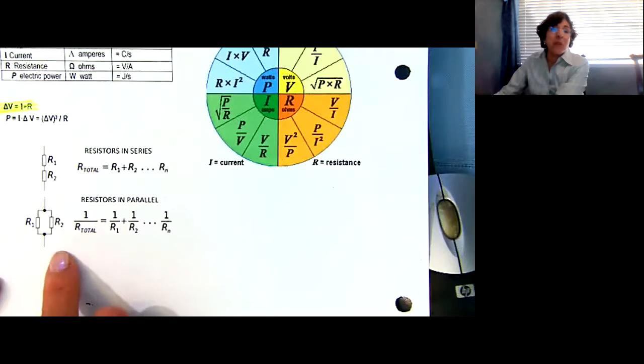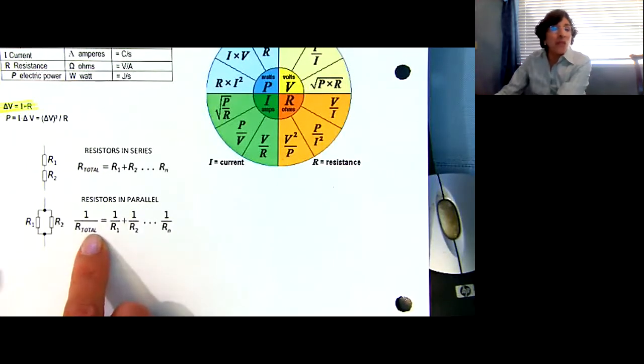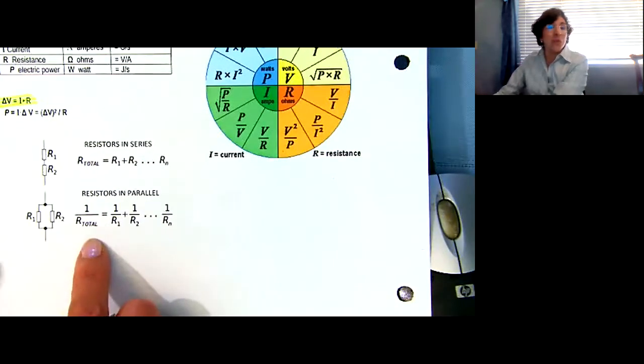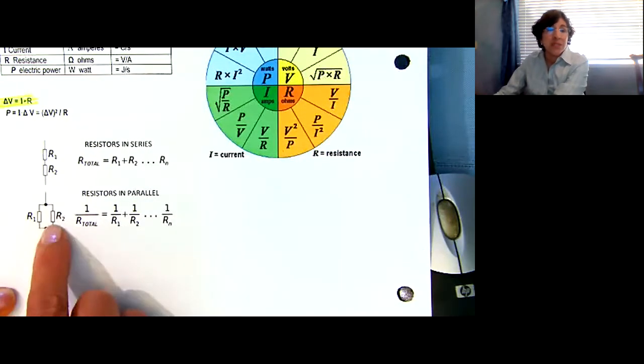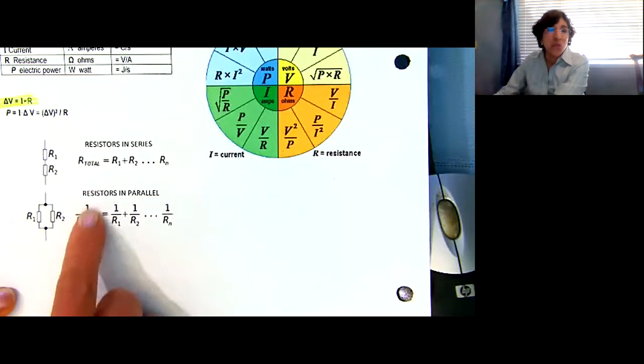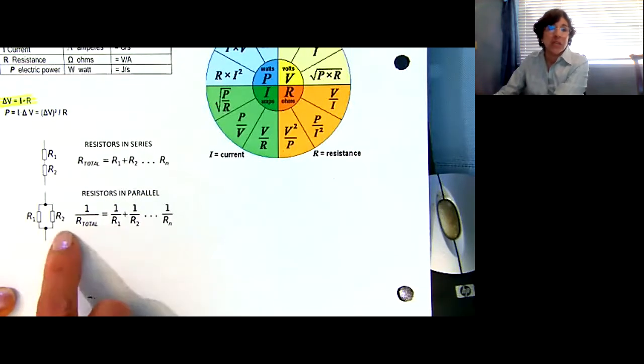And what happens if they're in parallel? Parallel is different. Parallel, hopefully this is going to look familiar to you from when we did lenses. Here we're going to discover that the inverse of the total resistance is equal to the sum of the inverses of each of the resistors that are in parallel.